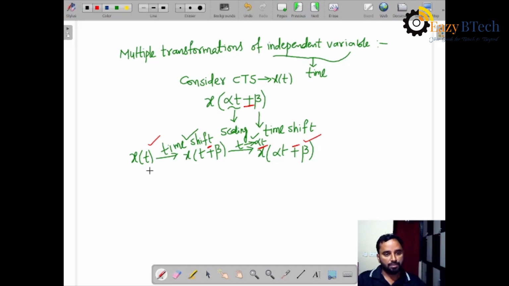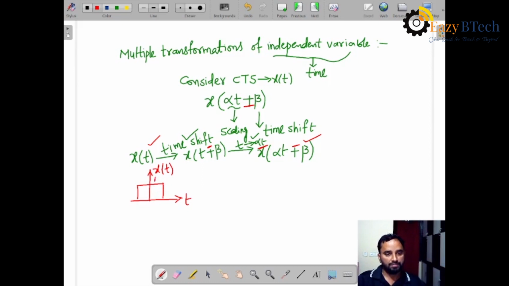Let's take an example. I am taking a rectangular pulse. The x-axis is time and the y-axis is x of t. Let's consider x of t is a rectangular signal.